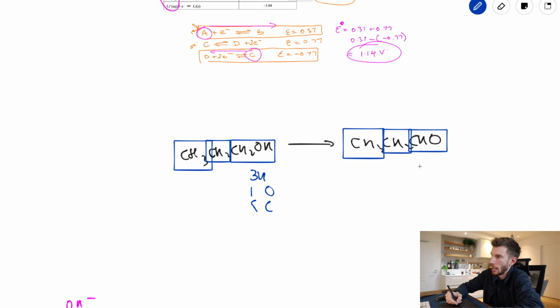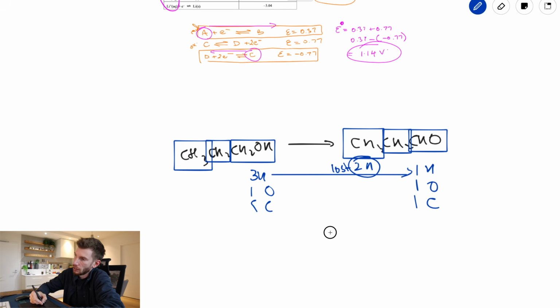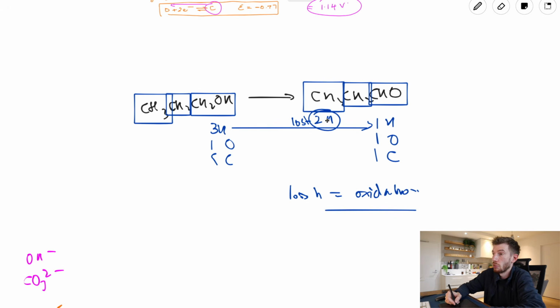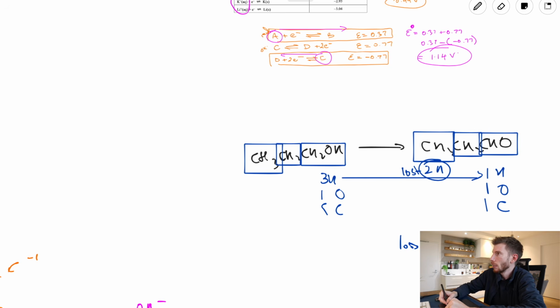Over here, we have 1 hydrogen, 1 oxygen, 1 carbon. So the big difference is we lost 2 hydrogens, and loss of hydrogens is the same thing as oxidation. So pretty much you can just count your hydrogens, count your oxygens, and then you'll know if it's going up or down, and then you can link it to being oxidation or reduction. Cool.